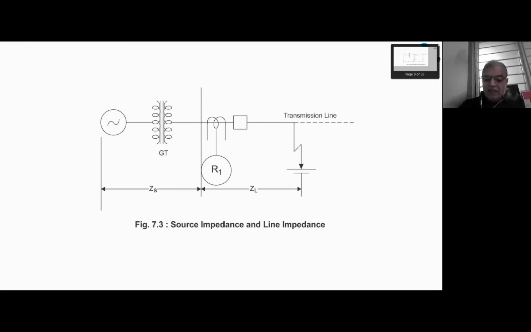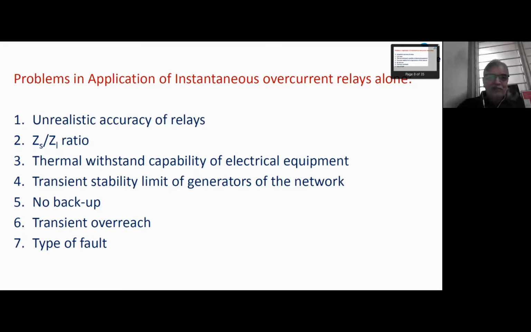Now if this ZS by ZL ratio is large, then fault current IF is equal to E upon ZS plus ZL, obviously, right? Now if ZS by ZL is large, you can forget ZL with reference to ZS, and then fault current is E upon ZS, which is constant.